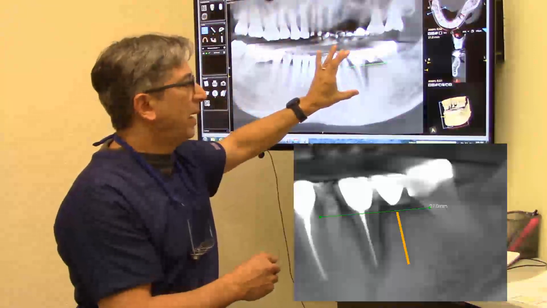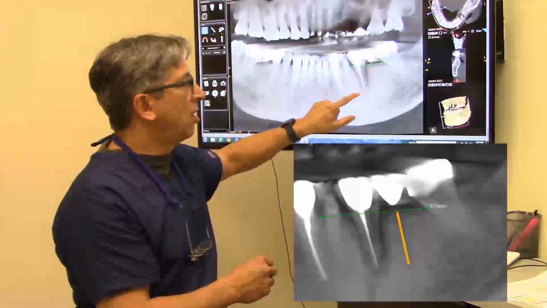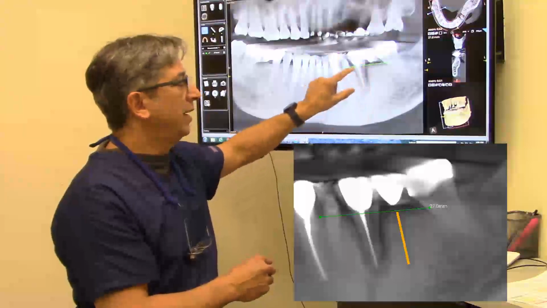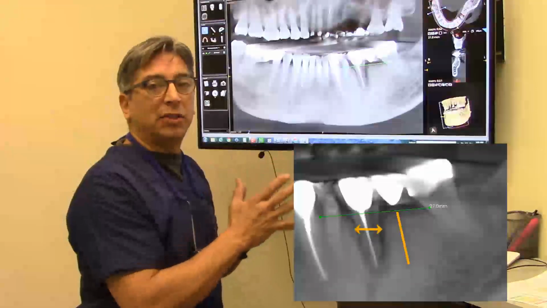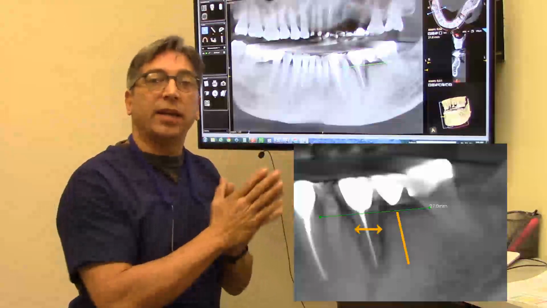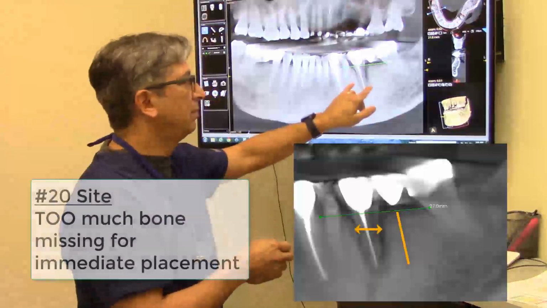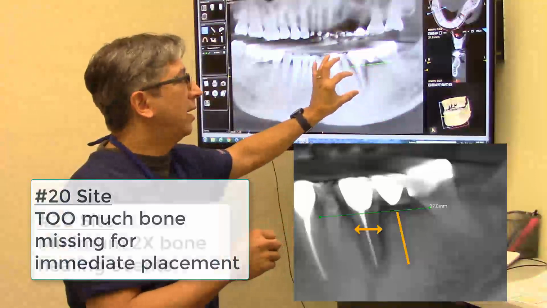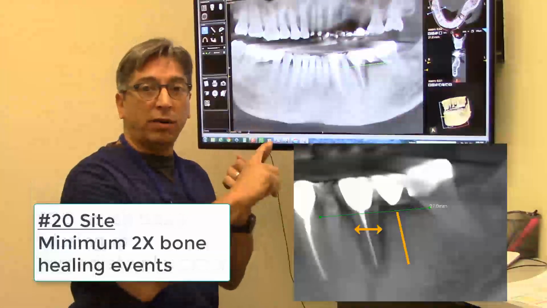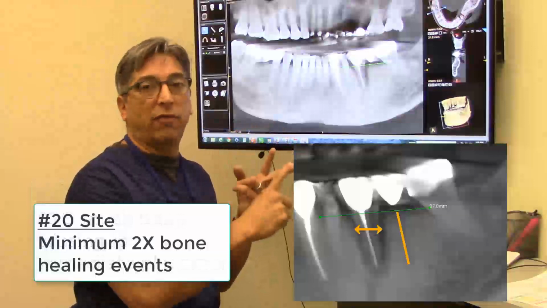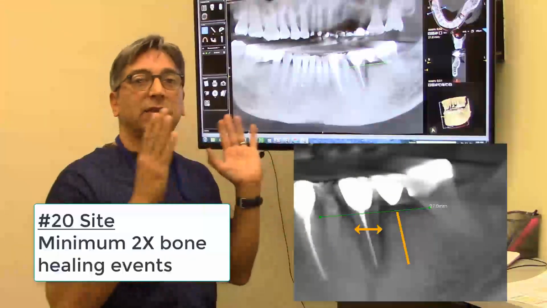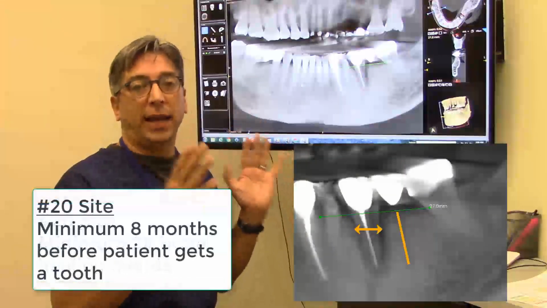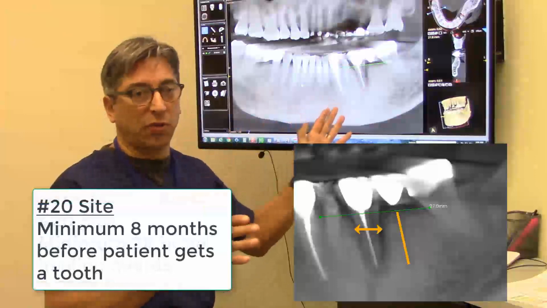Right off the bat, with this large an infected area and that much missing bone, it will never be an immediate placement. There aren't implants bigger than the tooth, that's for sure. So you're looking at a two bone healing event, one for a graft and one for the implant. That means it's going to be a minimum of about 8 months before this patient sees a tooth.